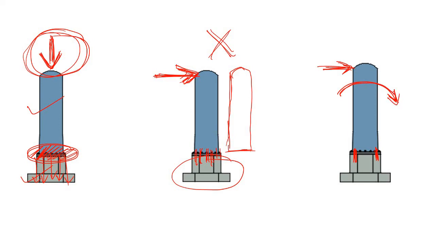Due to this bending moment, there will be some tensile force and some compressive force, and we don't need to bother about this compressive load. We only think about this tensile load. Why? Because this tensile force tries to uplift your vertical column in this region.